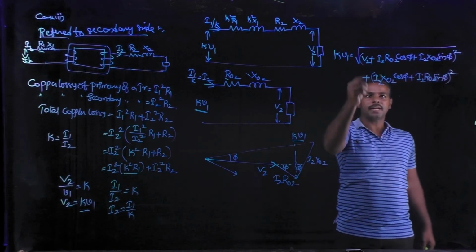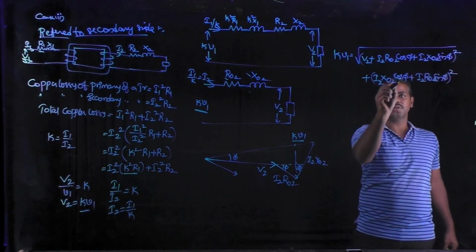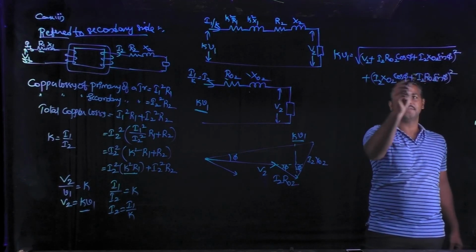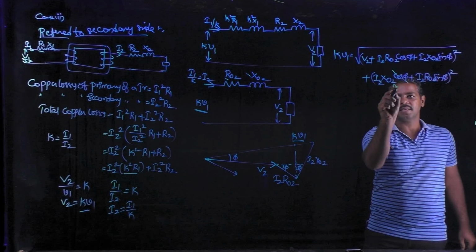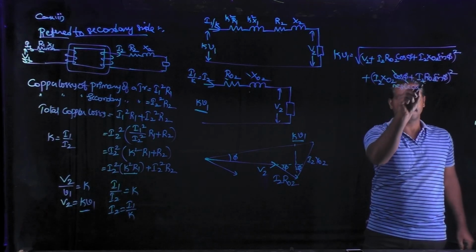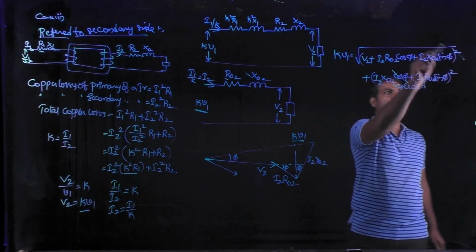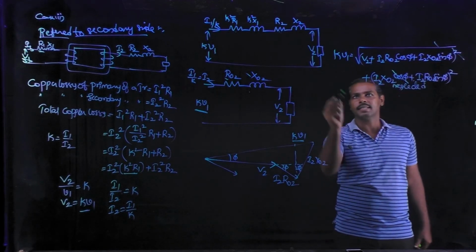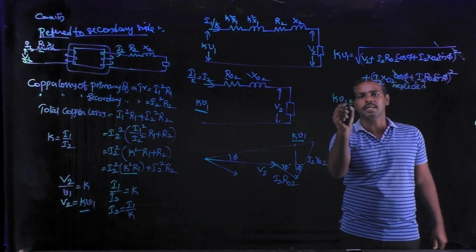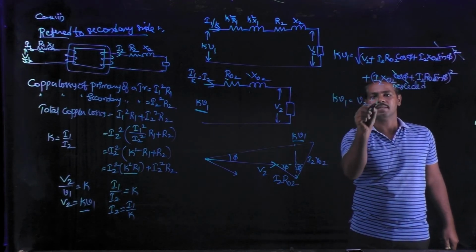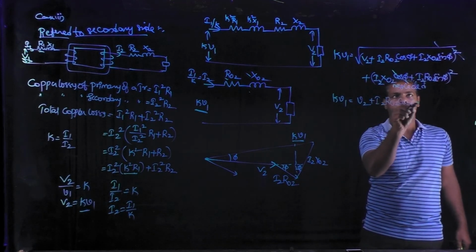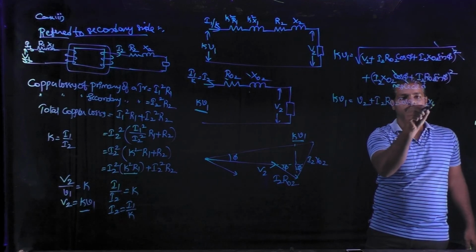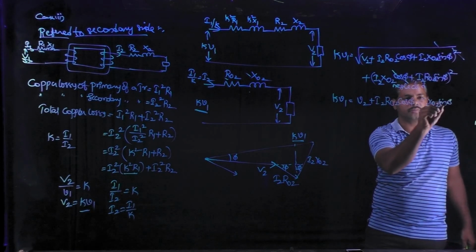Based on the magnitudes, I2 X02 cos phi plus I2 R02 sin phi is very small compared to the first term, so that term is neglected. Then the square root and square cancel, and KV1 is equal to V2 plus I2 R02 cos phi plus I2 X02 sin phi.